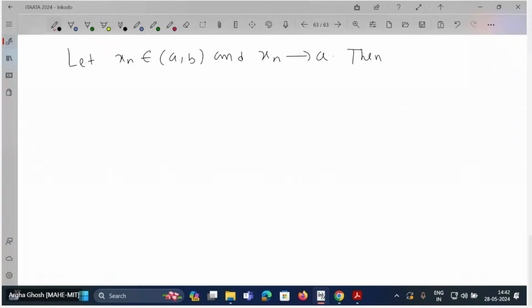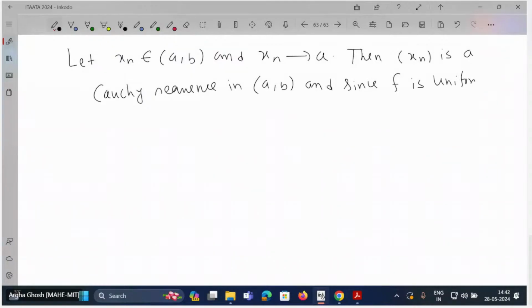So xn is a Cauchy sequence in (a, b), and since f is uniformly continuous on (a, b), f of xn is Cauchy.